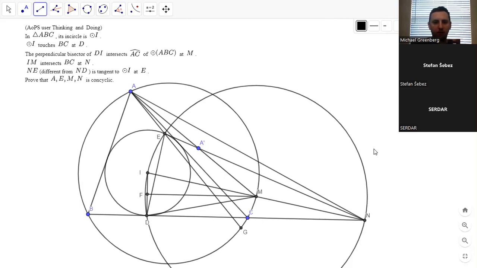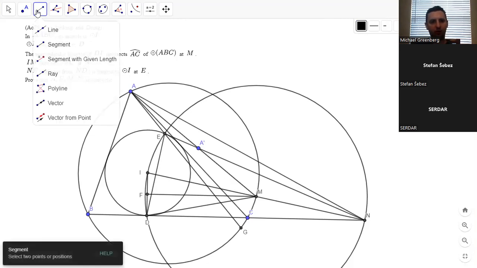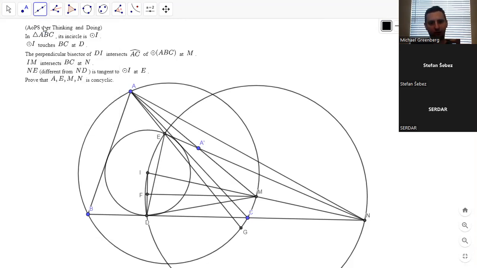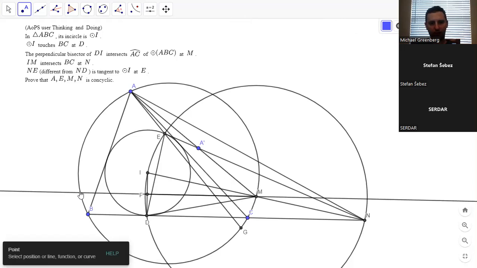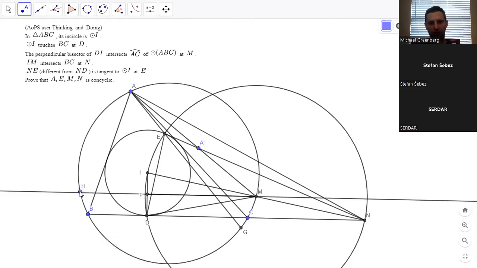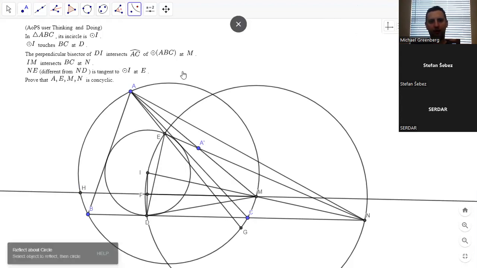Can you draw the perpendicular bisector of ID and intersect it with the circle again? Yes. It looks like the inversion of the circumcircle is tangent to the incircle. Oh, really?